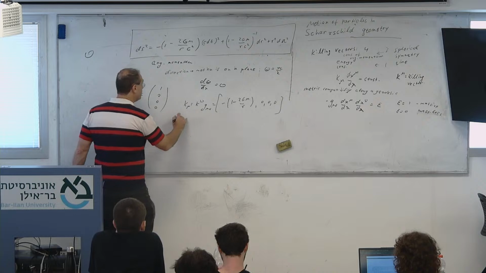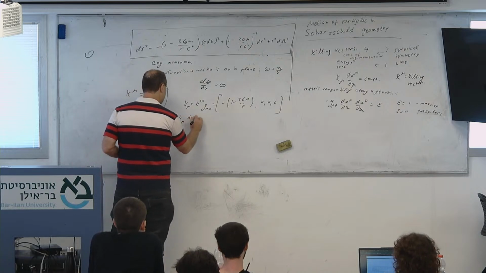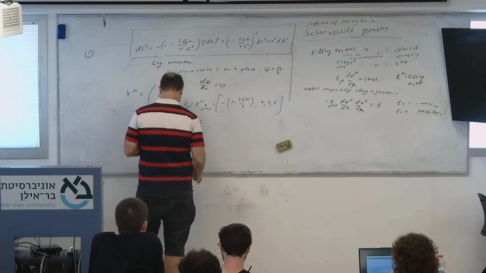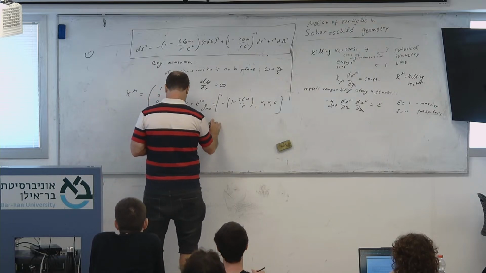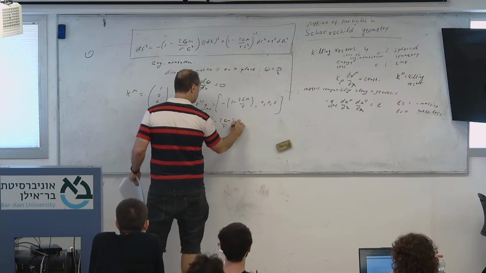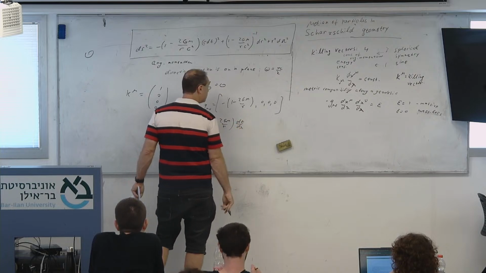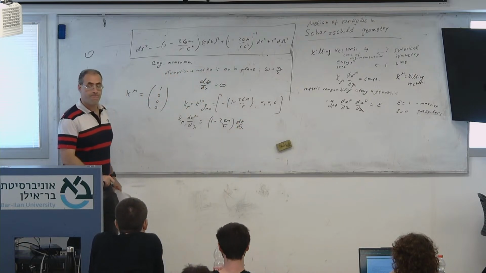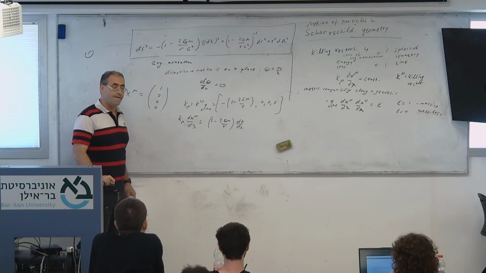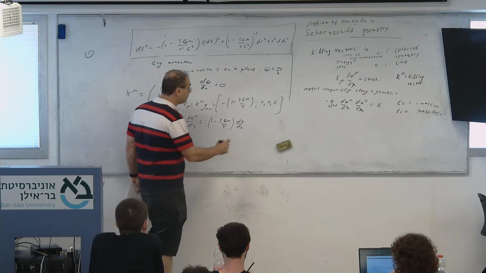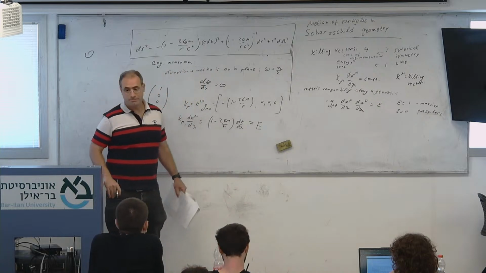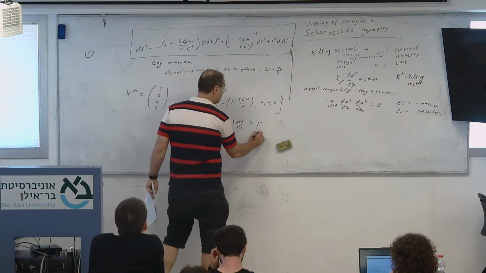And then k_mu dx^mu over d lambda is (1 minus 2GM over r) dt over d lambda. That is a constant, right? I call this constant E. This is a constant of motion.